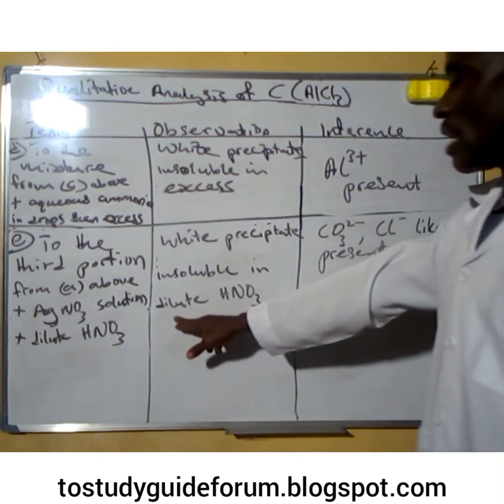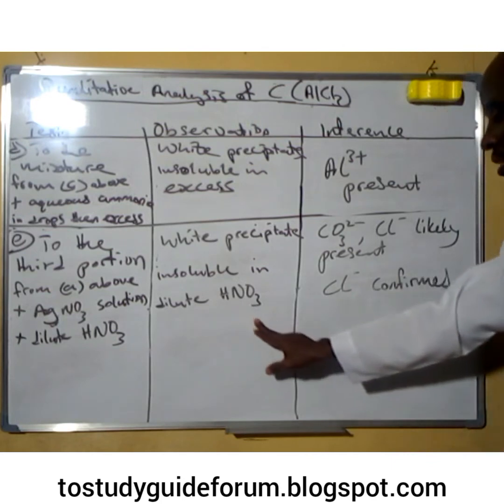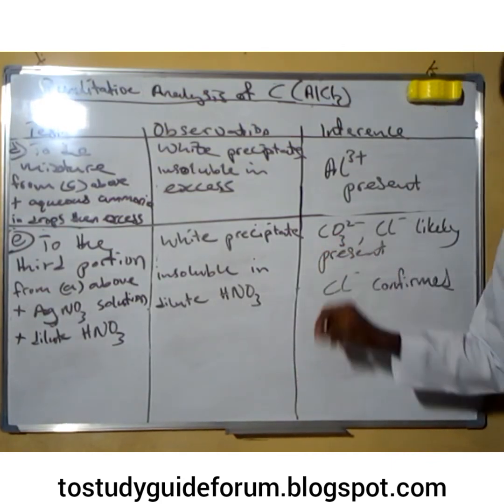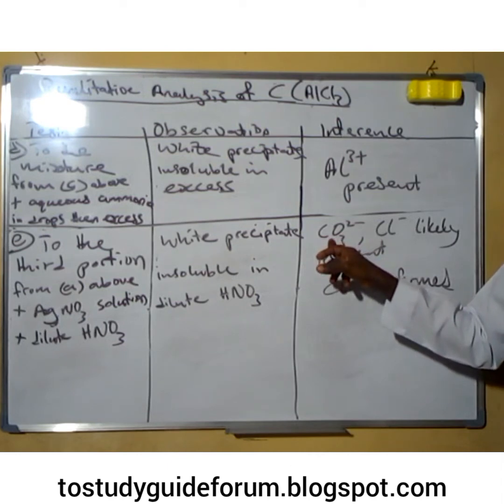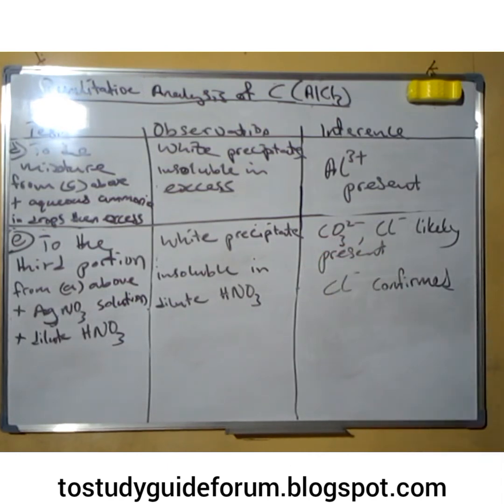Now, when you add dilute nitric acid, if carbonate is present, it will dissolve. But since it did not dissolve, what we have there is chloride ion. So chloride ion is confirmed.